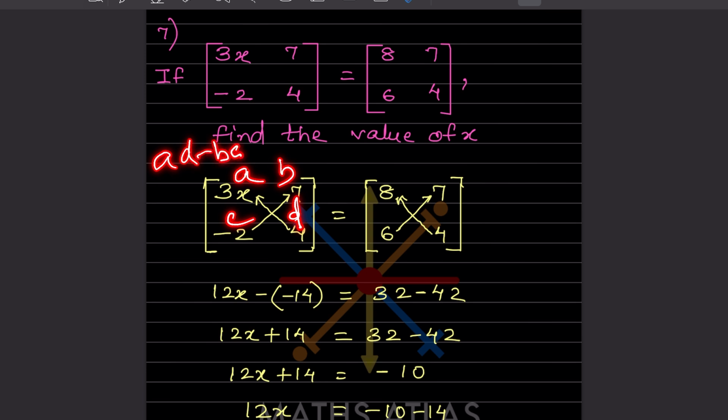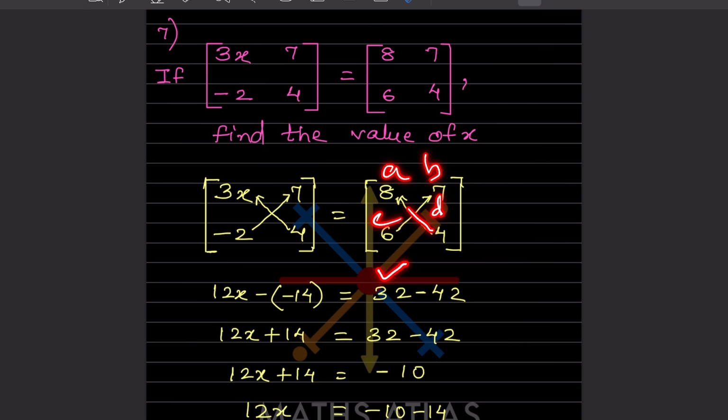AD minus BC. So AD we have already done, we got 12. And minus is there in the formula. So whatever I wrote here is minus, and this is BC. BC means you are going to multiply 7 into 2, but that is minus 2, so this is minus 14 here. Same here, A, B, C, D, that is AD is 32 and BC, AD minus BC.